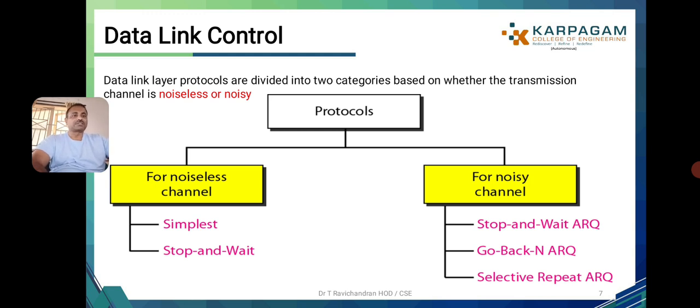Noisy channels have three categories: the stop and wait ARQ protocol, the go back N ARQ protocol, and the selective repeat ARQ protocol. So the data link layer protocols are mainly divided into two parts, the noiseless channel and the noisy channel.